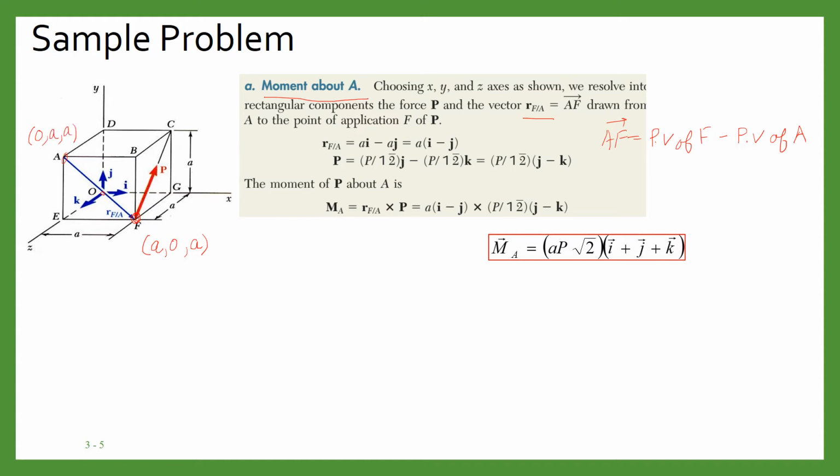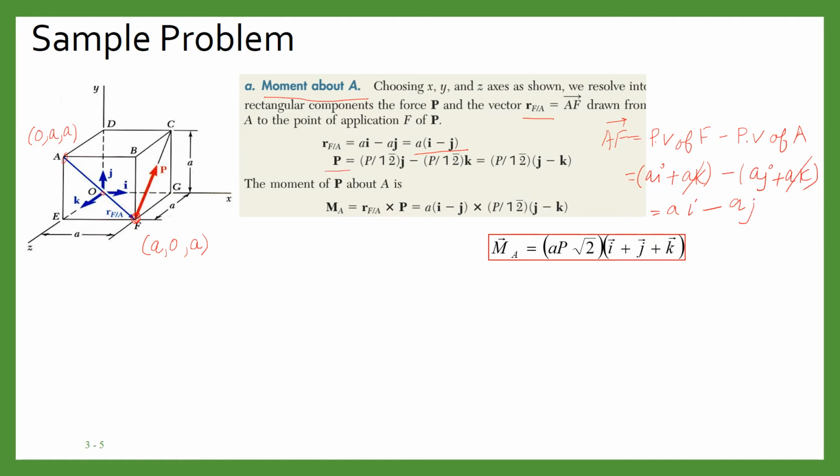So we can write F as ai plus ak, minus A which is aj plus ak. So this k will cancel out, then RFA will be ai minus aj, as you can see here, and you can take a as common.